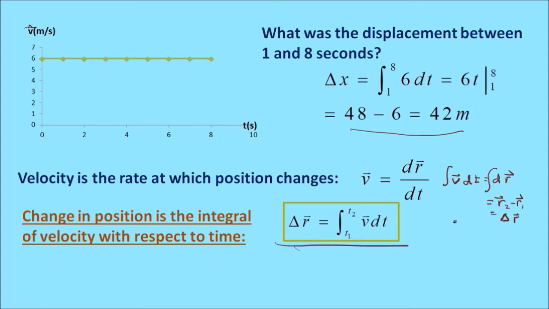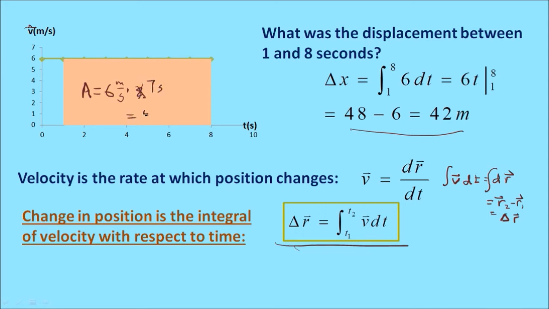One other thing. We also know that the integral can represent the area under a graph, in this case between 1 second and 8 seconds. And so that area up there, well, that's easy to compute. Of course, it's a rectangle. I want you to pay attention to the units. That area would be a height of 6 meters per second times a length of 7 seconds.